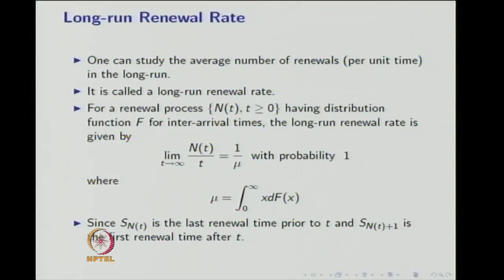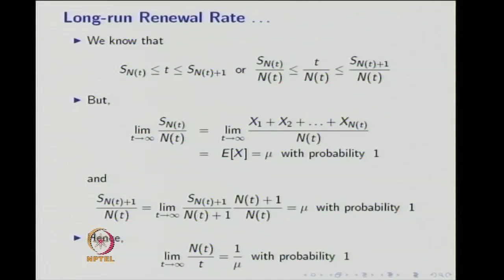Since S_{N(t)} is the last renewal time prior to t and S_{N(t)+1} is the first renewal time after t, we know the relation of S_{N(t)} with S_{N(t)+1}, that t lies between those two renewal times.